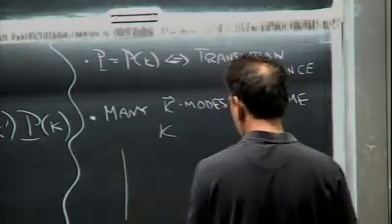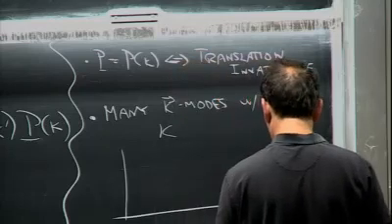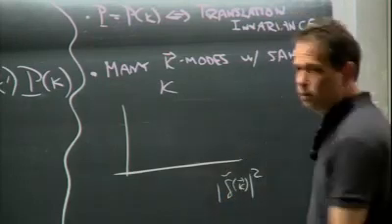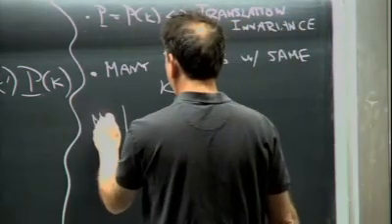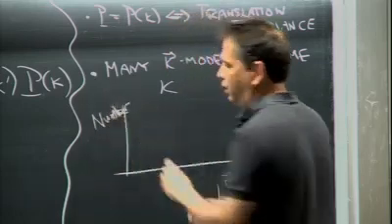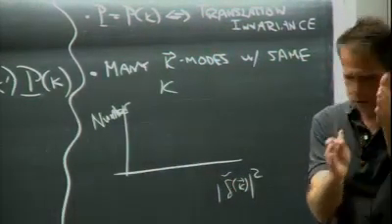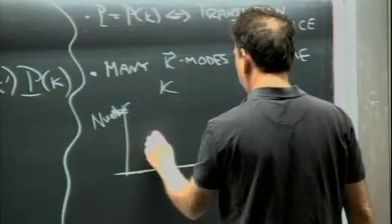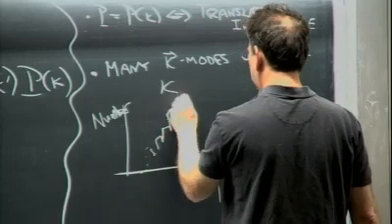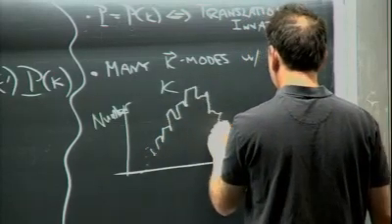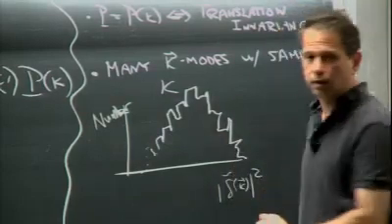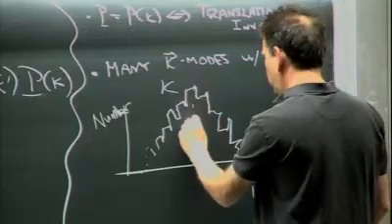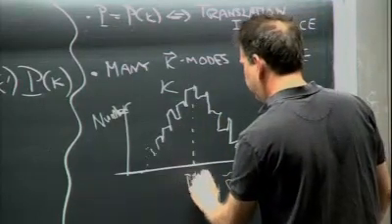So you can imagine building up a histogram of delta twiddle of k squared, and just plotting the number of them. There are going to be tons and tons of them within a given dk shell. This is what you were saying before. So your histogram will look like this, and this will give you a good estimate of the mean here, which is the power spectrum.